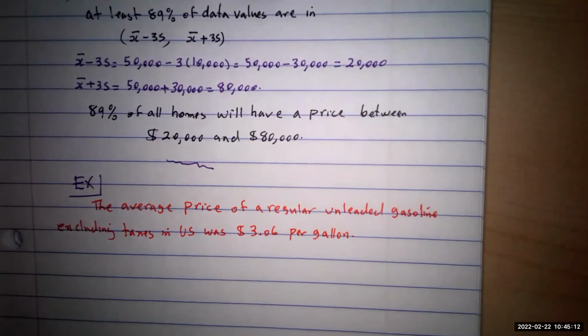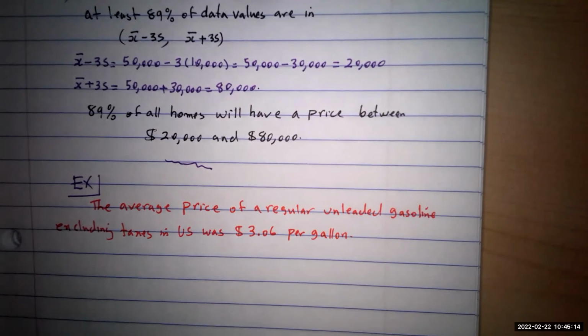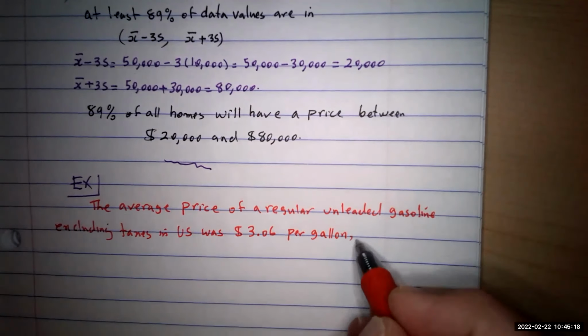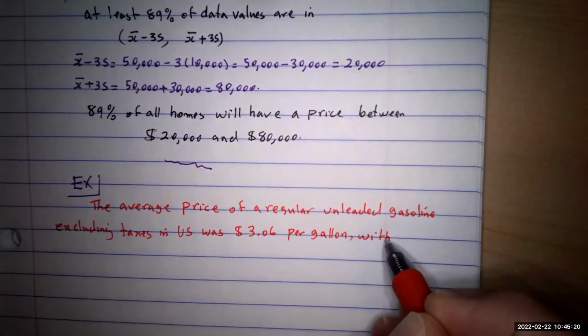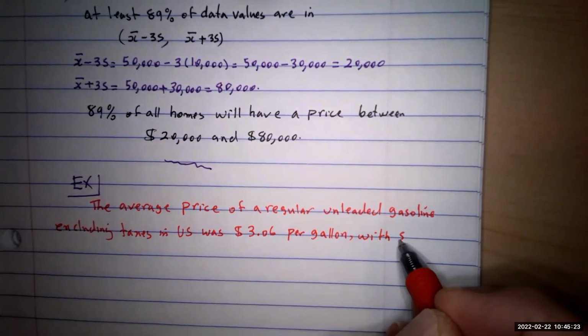So the average is X bar, and X bar is 3.06. Let's continue. The standard deviation must be given.